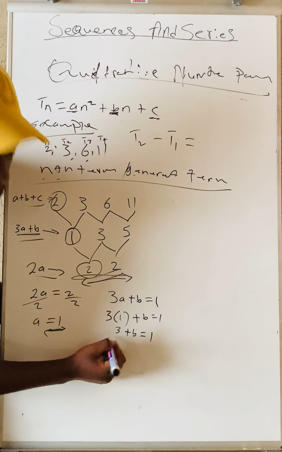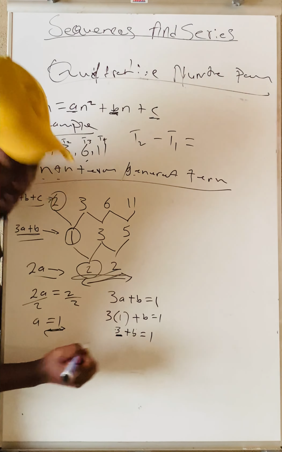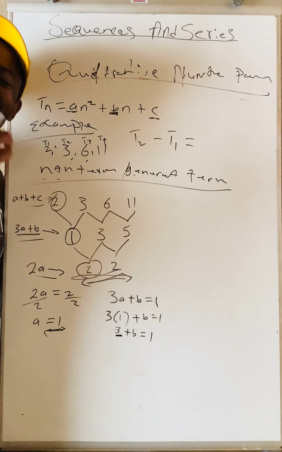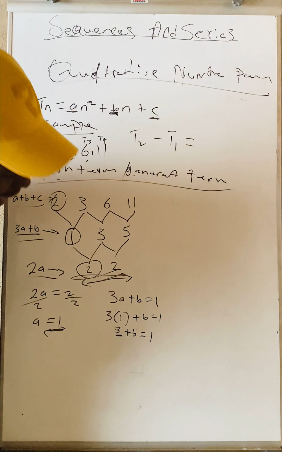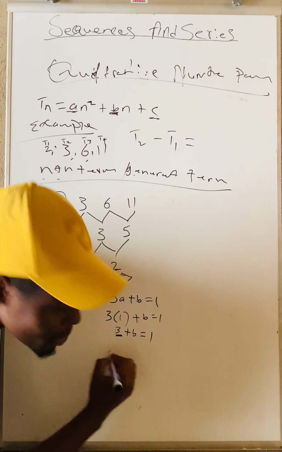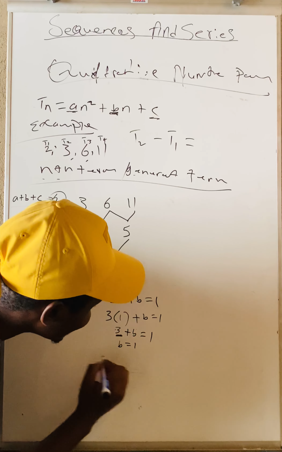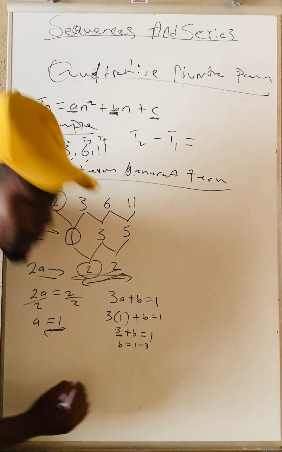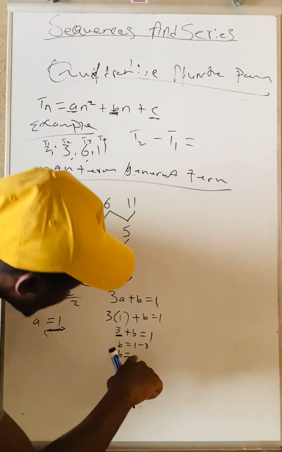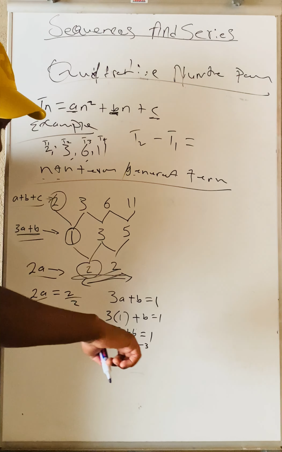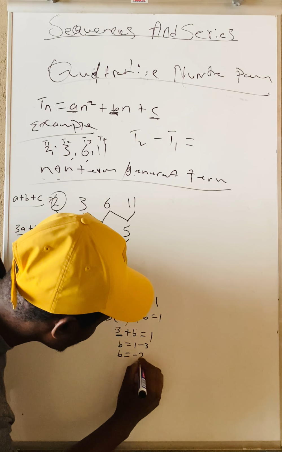Then from here, what do you do? We transpose. You take this 3 to the other side. When you jump the equal sign, it changes the sign. It means B is equal to 1 minus 3, which is negative 2.